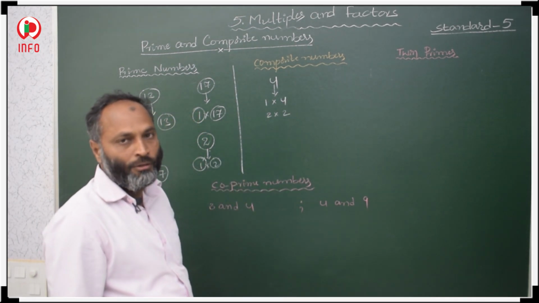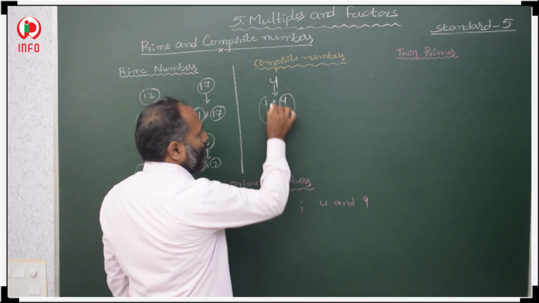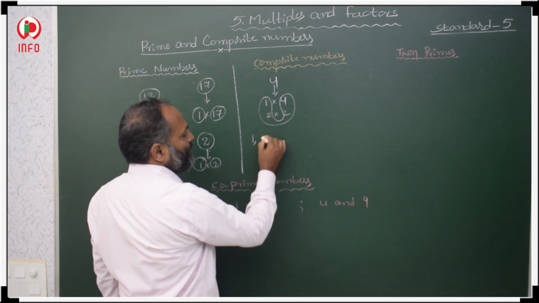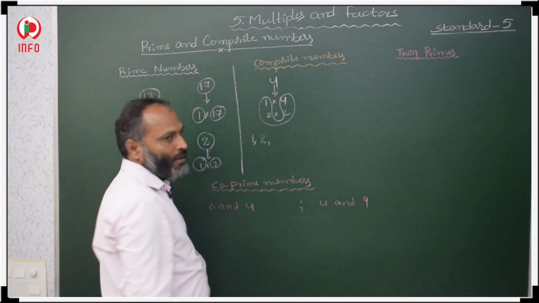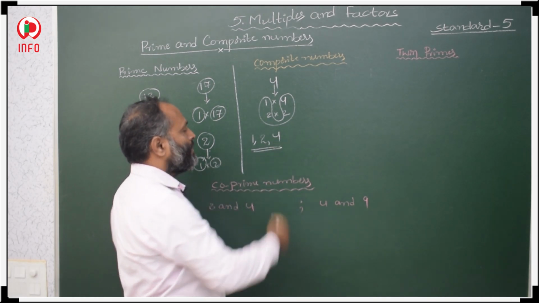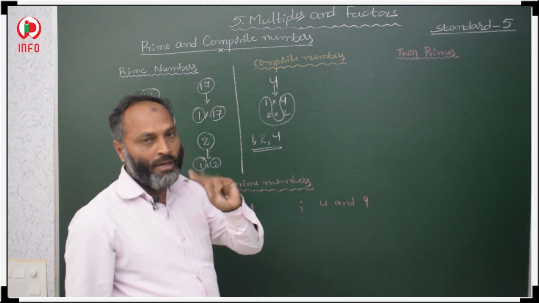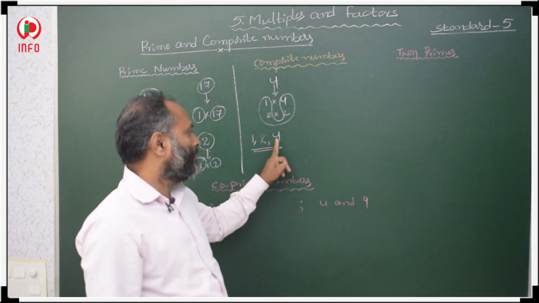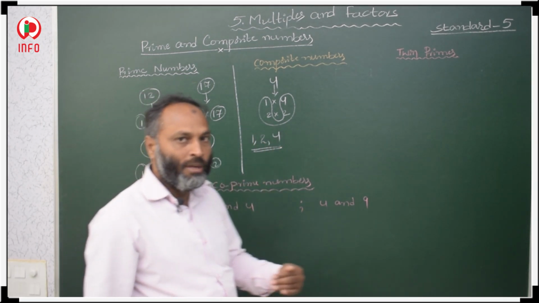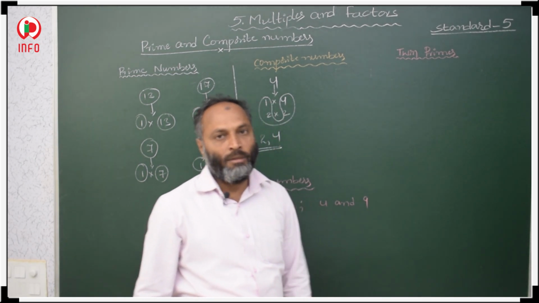How many factors do we have here? 1, 2, and 4. We do not take the 2 again. How many factors does 4 have? 4 has 3 factors, 1, 2, 4. So if any number has more than 2 factors, that is a composite number.